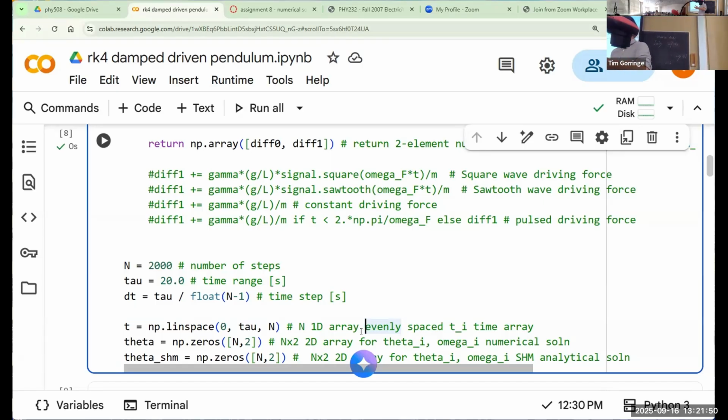So this is an n by 2 array. It's going to contain omega and theta for all the times of my dependent variable t, but the values are just going to be a case of simple pendulum motion as a reference point for effects like damping or driving or whatever.